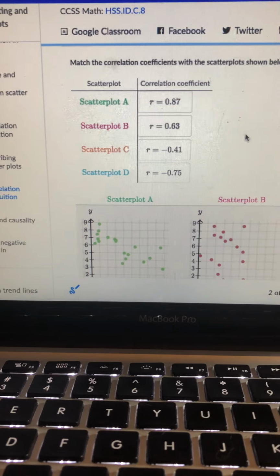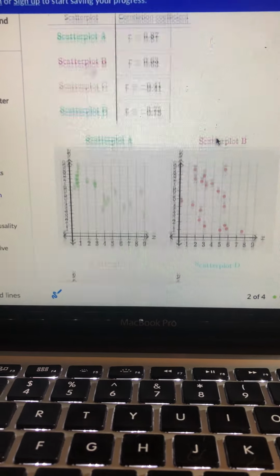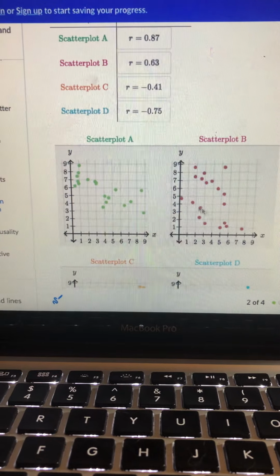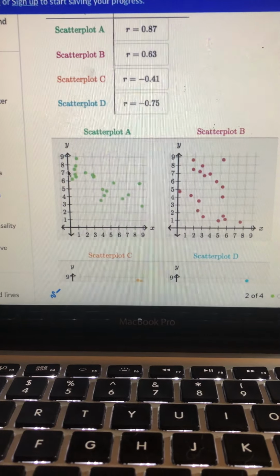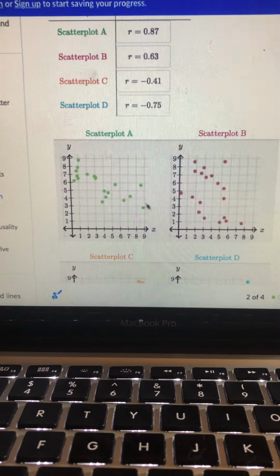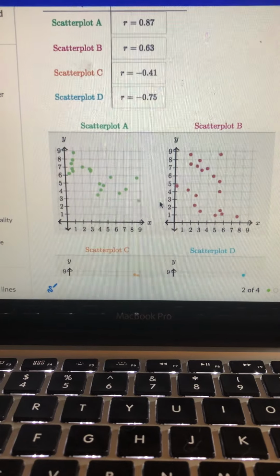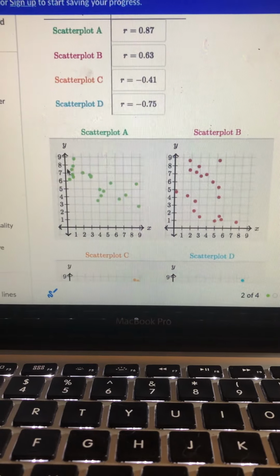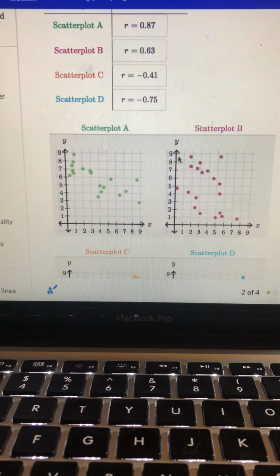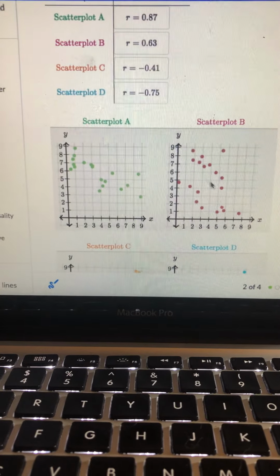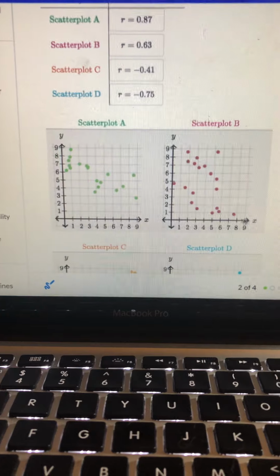I'll show you how this example works. If we're looking at A and B, A looks like the data is decreasing. It's a little spread out, but it definitely looks stronger than B. B also looks somewhat decreasing, but the data is more spread out.